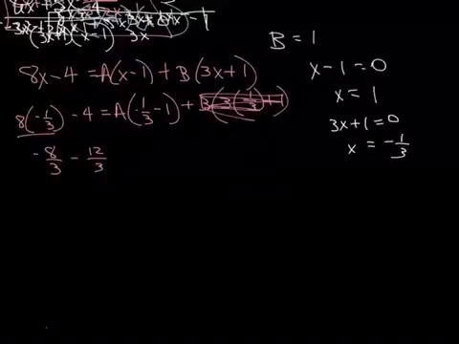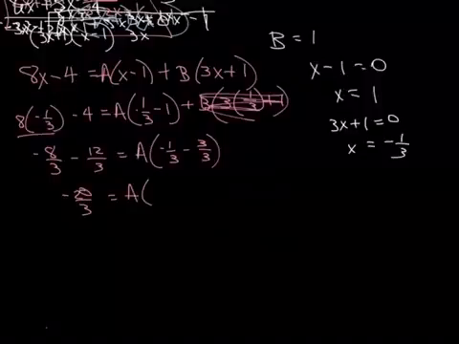Change negative 4 to negative 12/3. A times negative 1/3 minus 3/3. All right, that gives me negative 20/3 equals A times negative 4/3.